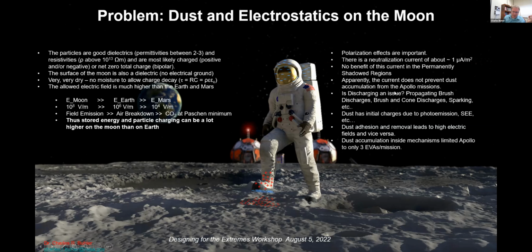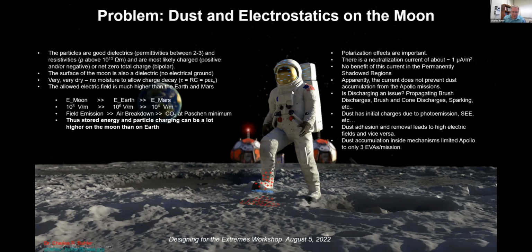The polarization is probably something that really needs to be thought about. Essentially what that means is you'll have these electric fields, and even with no net charge on your surface, those fields can move that charge around and polarize it. It's basically what happens when you get up from your chair. Your clothes will be charged, but your skin is polarized. So the opposite charge will go to where you were sitting, and the like charges will repel as far as possible to get to your fingerprints or fingertips.